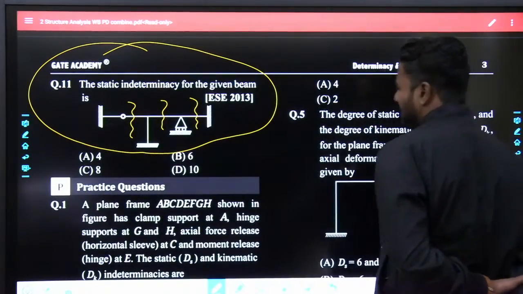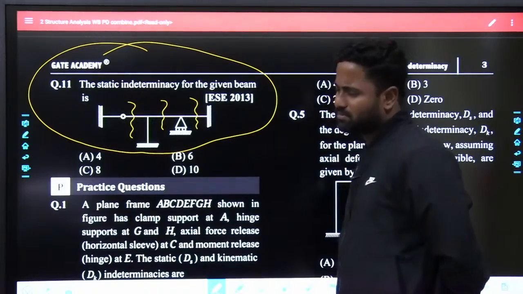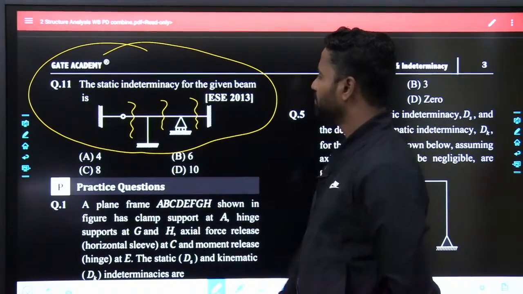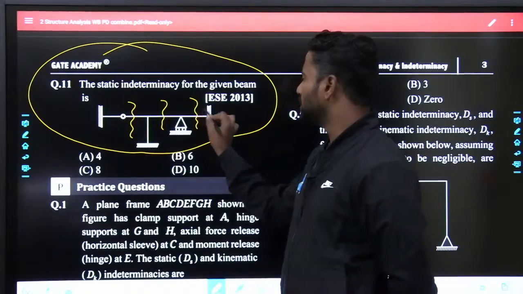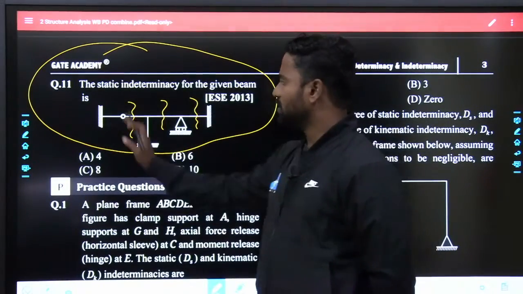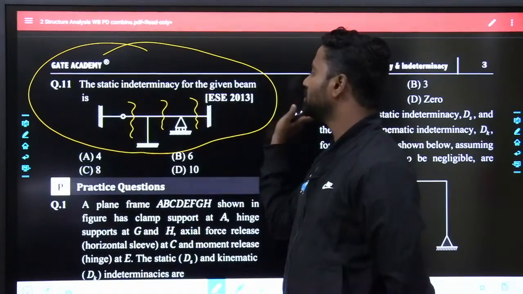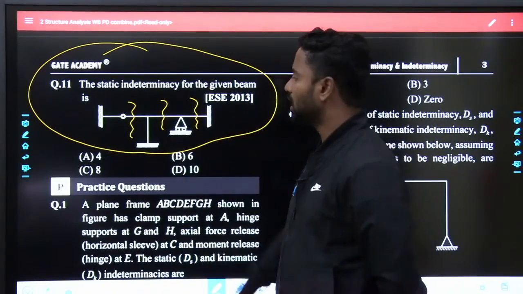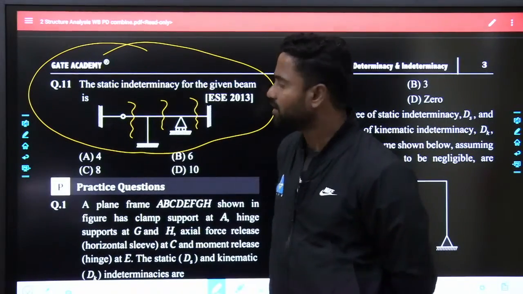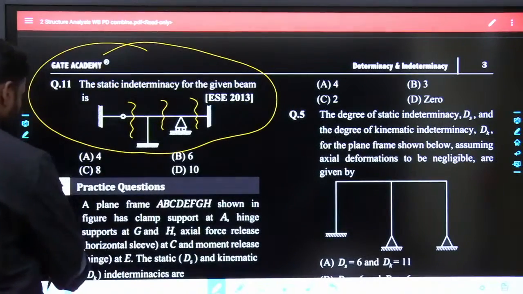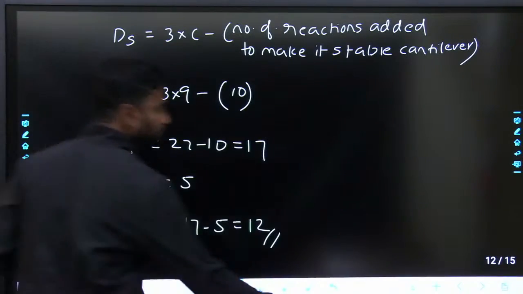Either you can treat it as a frame or you can treat it as a beam. Generally I prefer treating it as a frame. 1, 2, 3, 3 cuts if I do, this will be a separate cantilever, this will be a separate cantilever, this will be a separate cantilever. That's how I try to treat it.